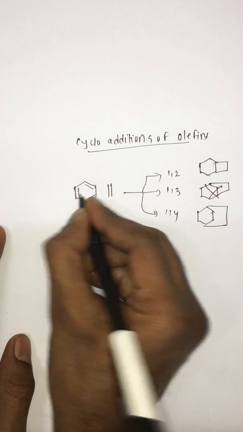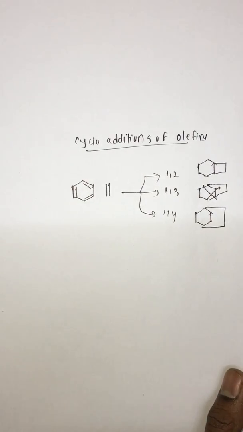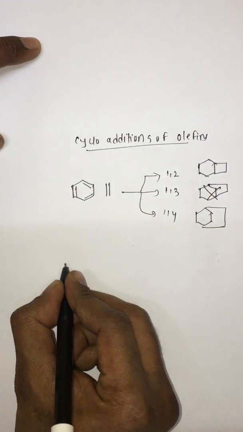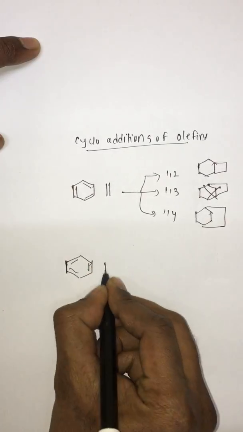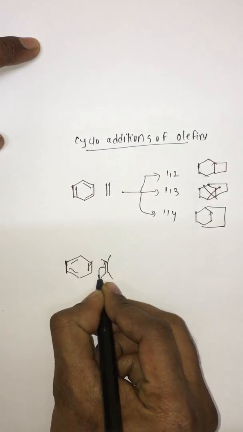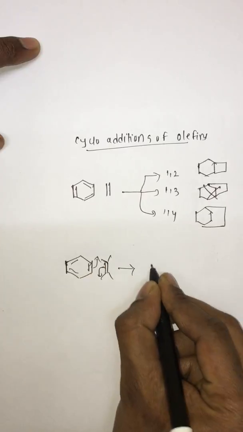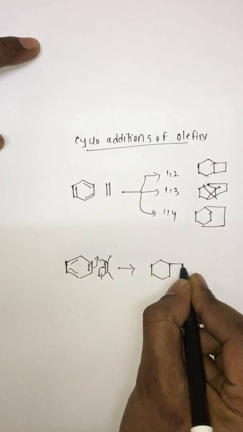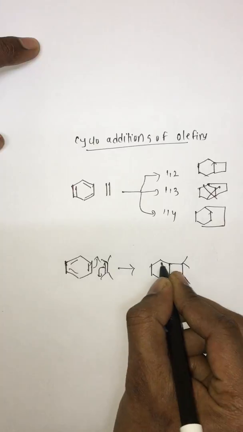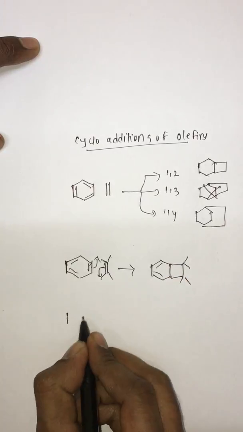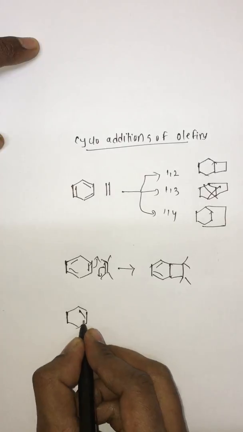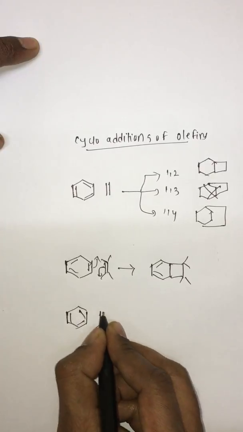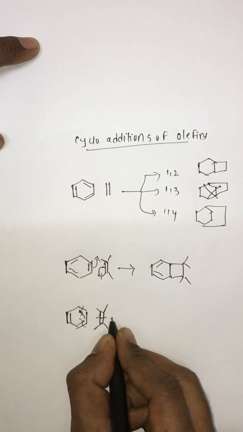So this is the actual hydrocarbon, benzene. So first the 1,3 process. For the 1,3 process, this is a direct mechanism, and for the 1,4 process, we'll break all 3 bonds.